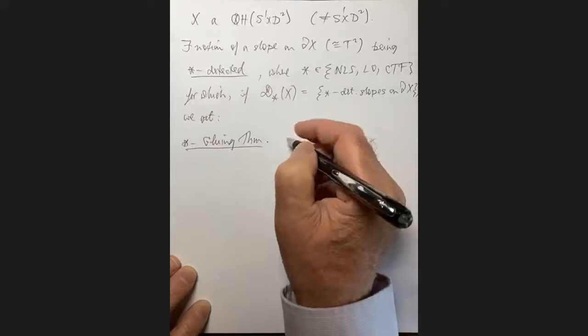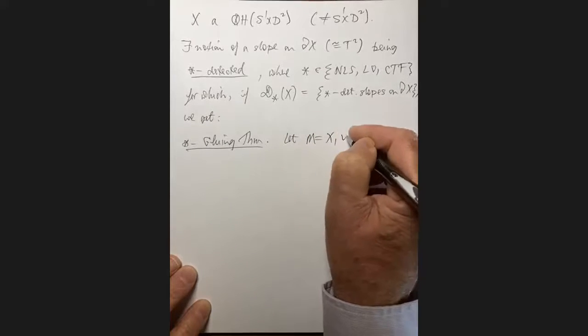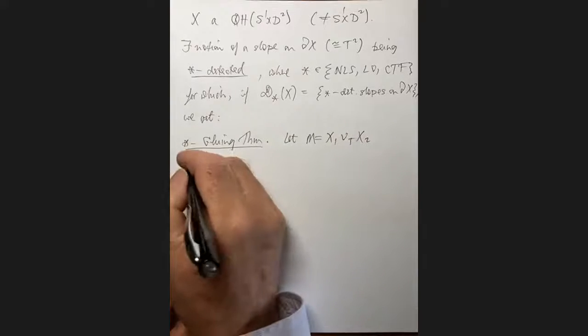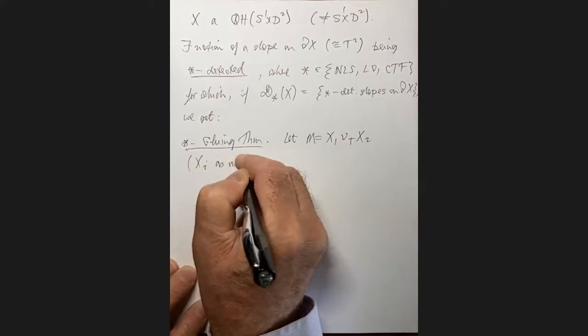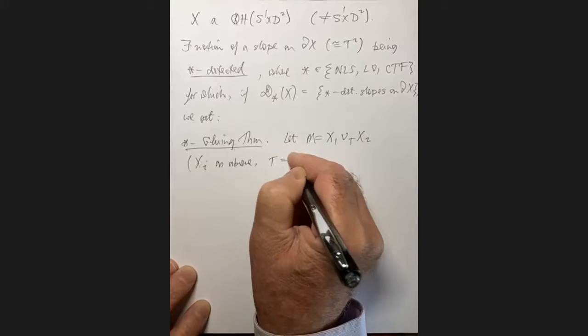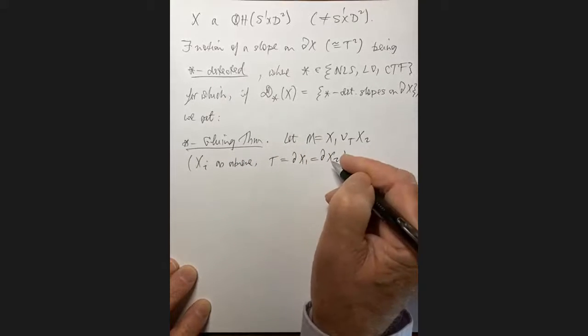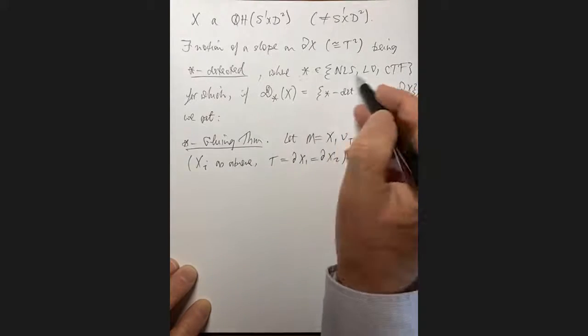It addresses the situation I've been talking about. M is the union of two rational homology solid tori along their common boundary. So this torus T is boundary X1, boundary X2. And then we want to know when M has one of these properties.